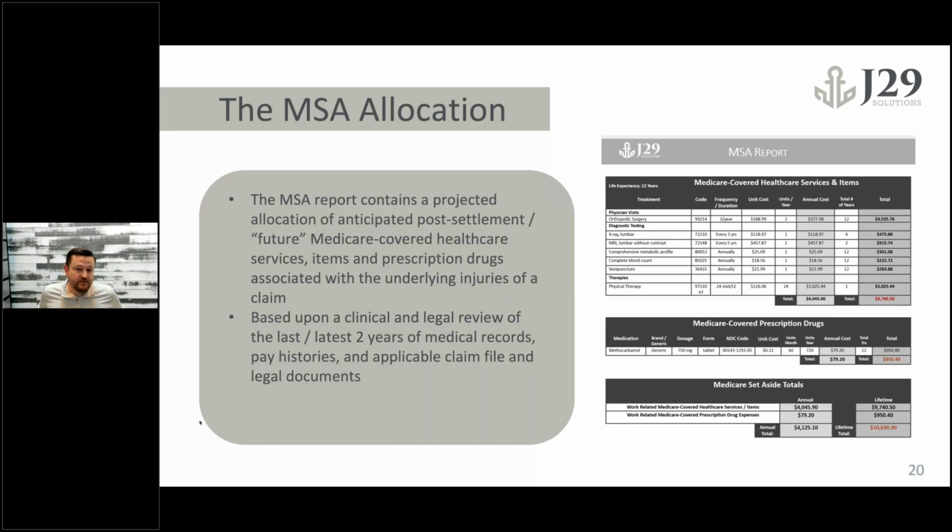And how we do that is we look at the latest, i.e. most recent 2 years of medical records, associated pay histories, applicable claim file records, any associated legal documents that might be a driving force behind this. And then we make a line item determination based upon CMS's guidelines around what this individual is going to require post-settlement. Next slide, please.